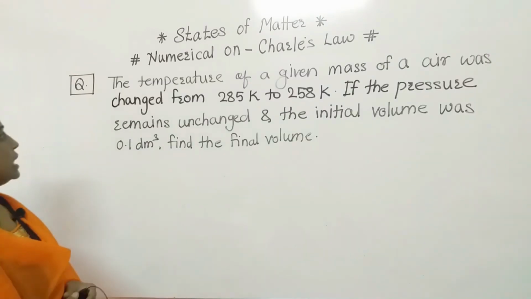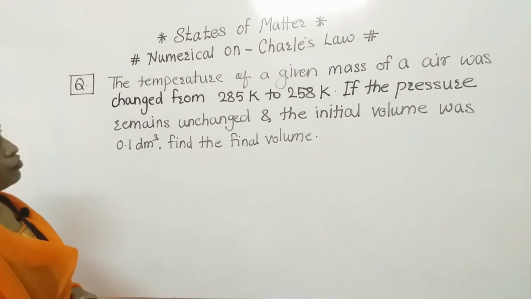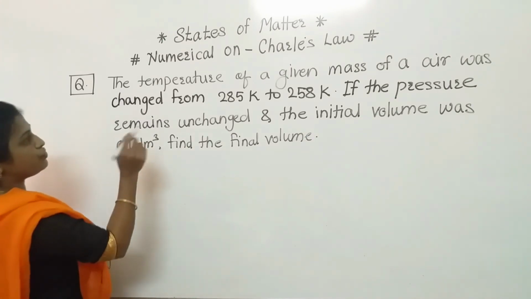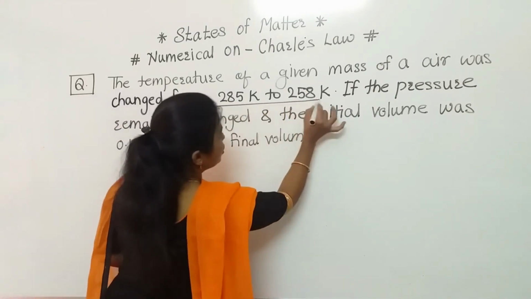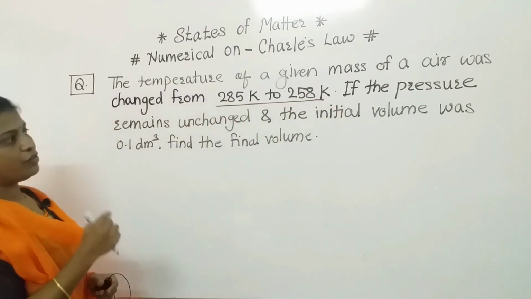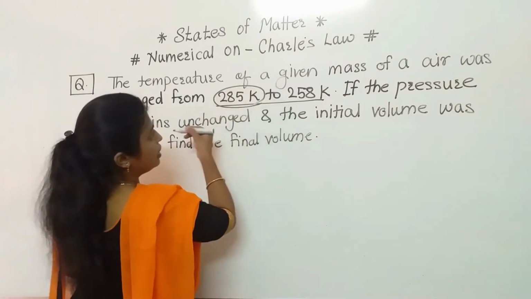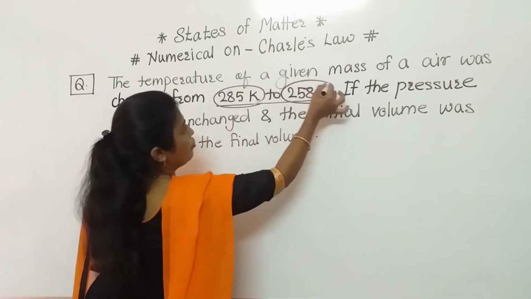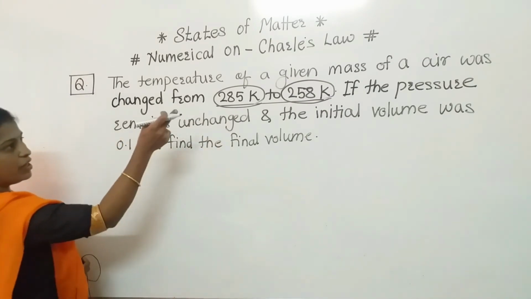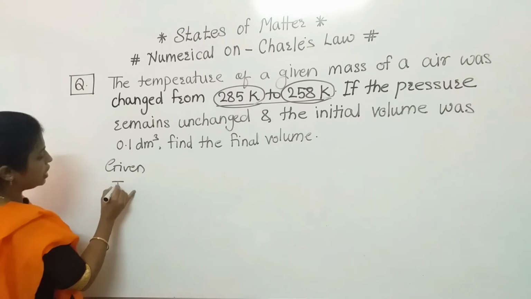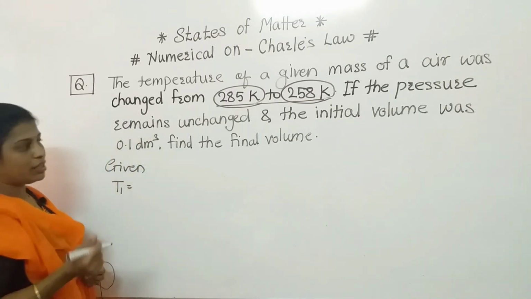The third numerical is: the temperature of a given mass of air was changed from 285 Kelvin to 258, which means this is the initial temperature T1 and this is the final temperature T2. So let's start with the given data. Again it is given in Kelvin.